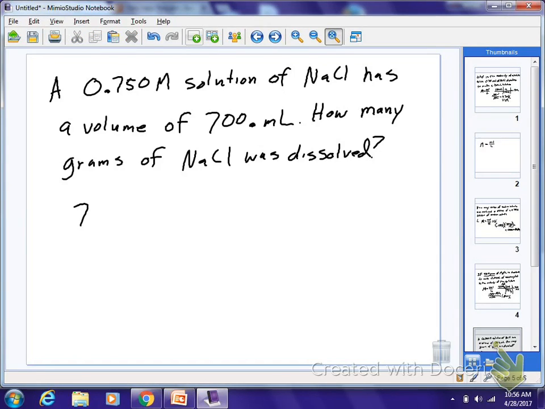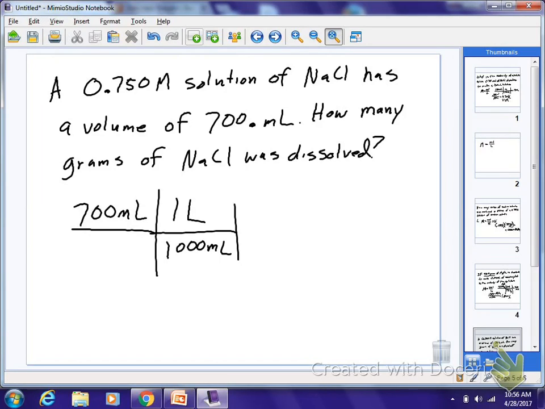I'm going to go 700 milliliters. There are 1,000 milliliters in a liter, and my unit's liters. Milliliters cancel out. The next step, this is my conversion ratio: 0.750 moles over 1 liter. Liters cancel out.